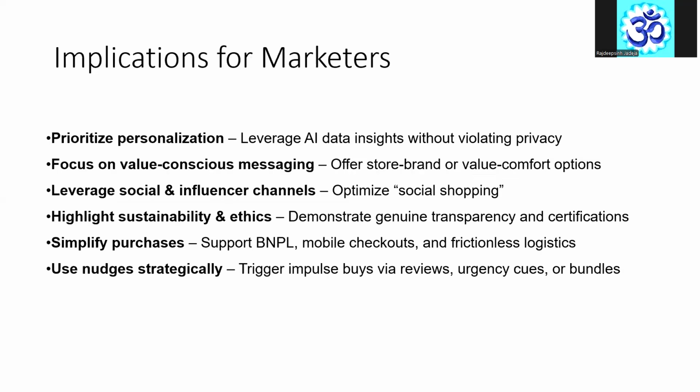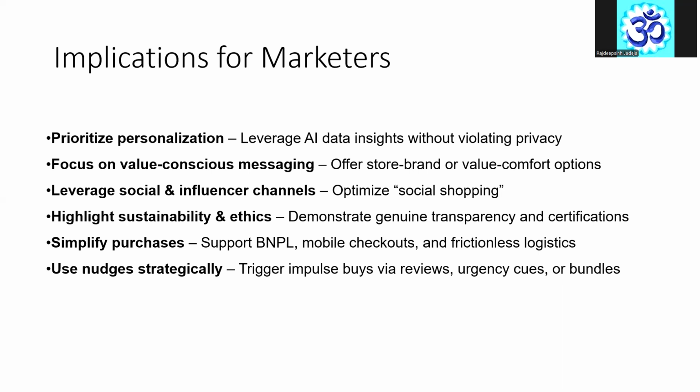Now, what are the implications for marketers? What do marketers need to do in this competitive marketing landscape? First, they need to prioritize personalization. They need to leverage AI data insights without violating privacy, and focus on personalization.